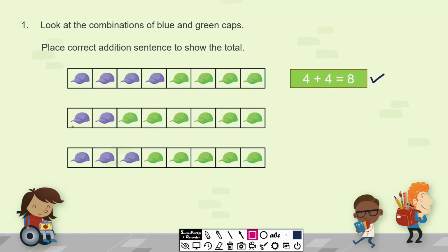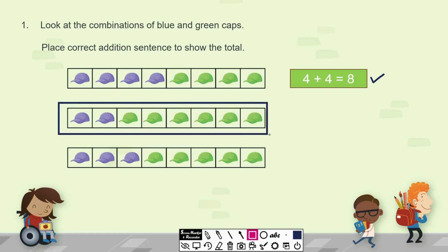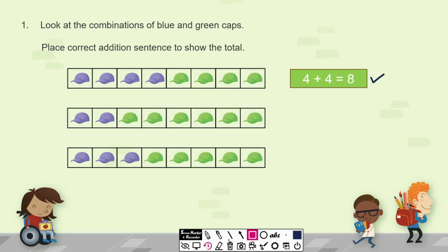Now come to this one. Here we have 2 blue caps. Now we have few green caps. Let's count them. 1, 2, 3, 4, 5 and 6. So the correct addition sentence here is, tell me.